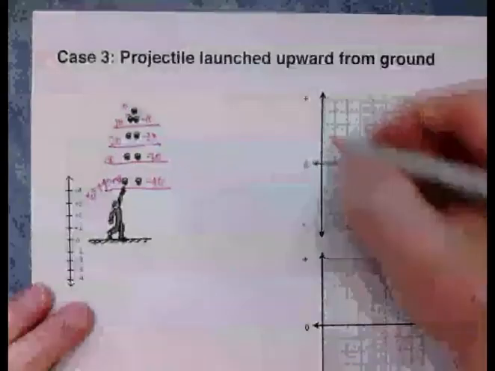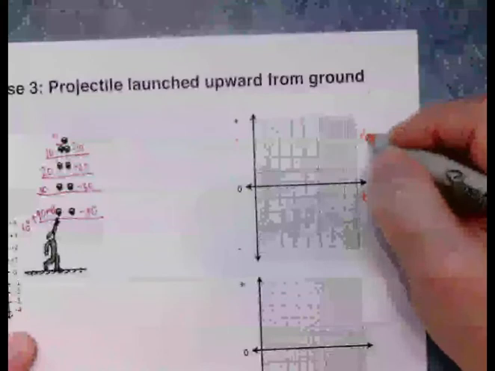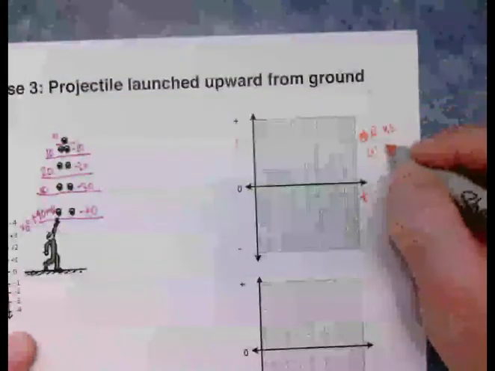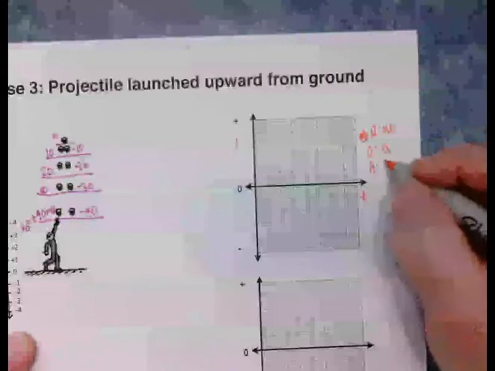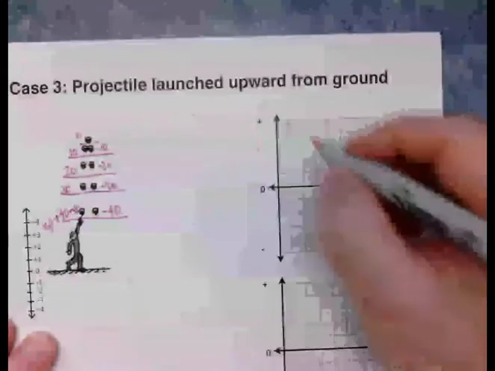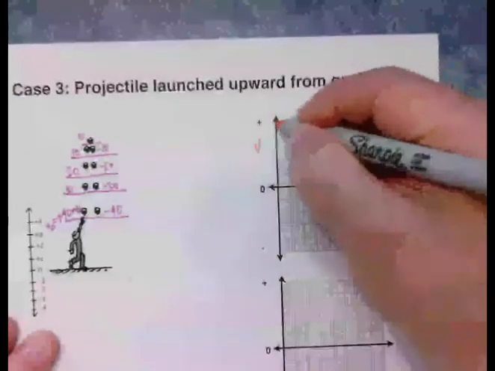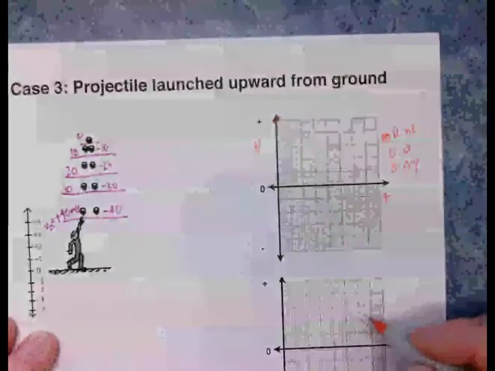So let's look at our velocity time graph. We have V, what we can read is velocity in time, the gradient is the acceleration, and the area is the displacement. So we're starting out in this case with a positive velocity of 40. And what happens to that velocity?